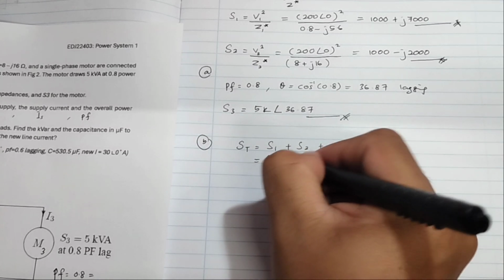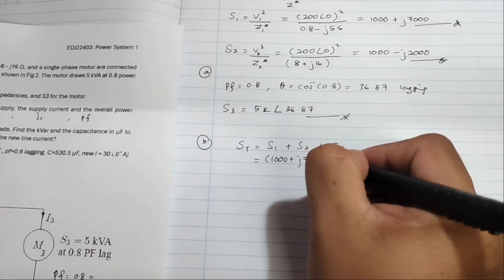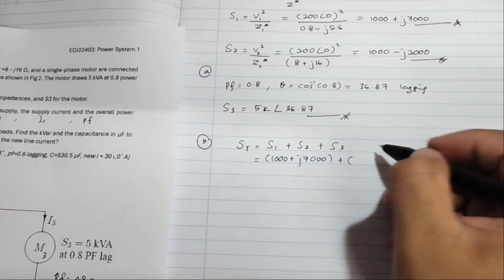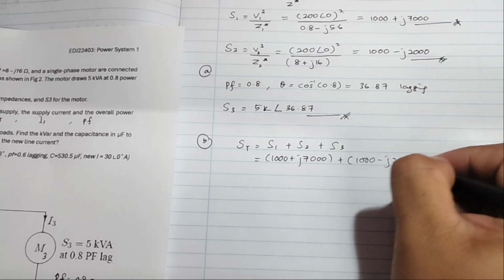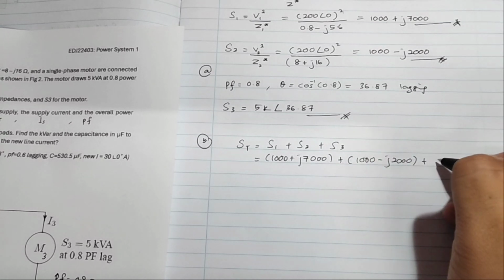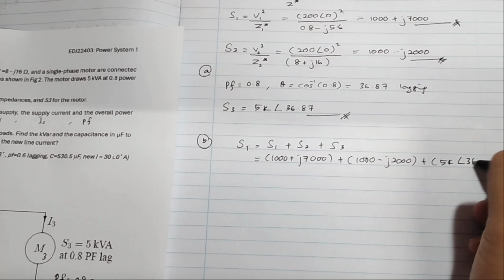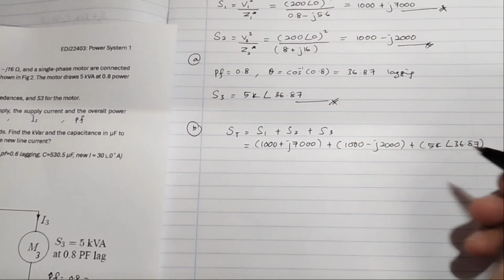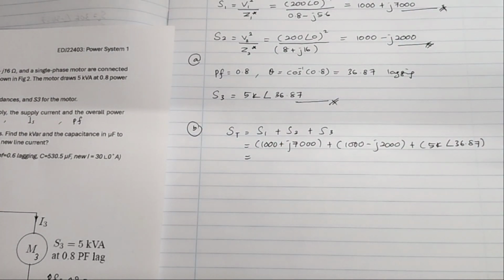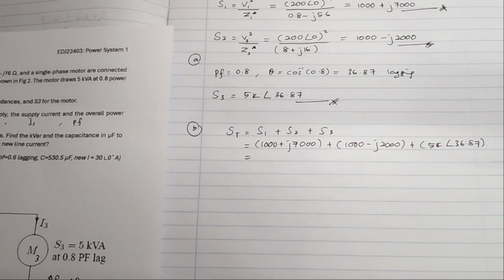S1 1000 plus j7000. S2 1000 minus j2000. S3 5K angle 36.87. Tekan calculator. 1000 plus 7000i tambah dengan 1000 minus 2000i, okay, plus 5K sudut 36.87.